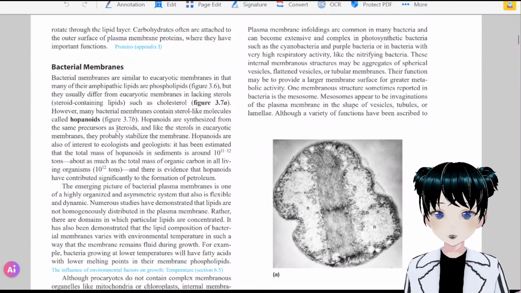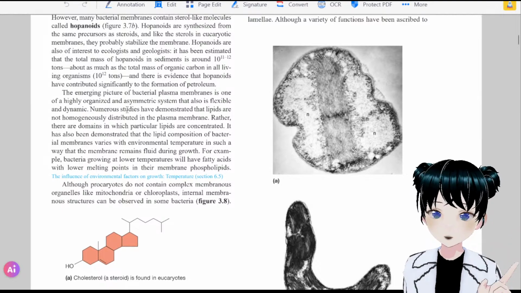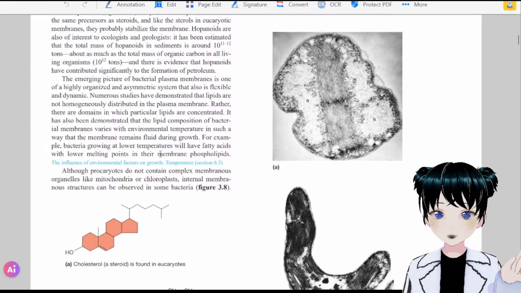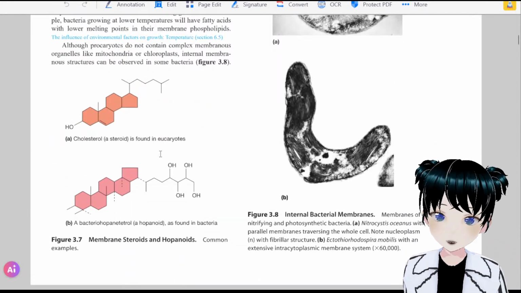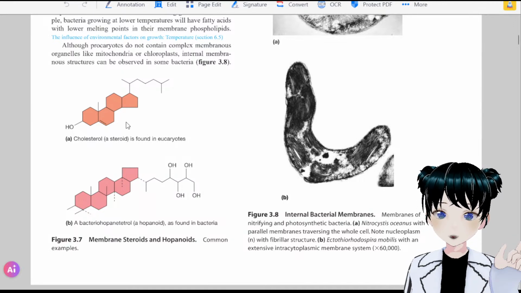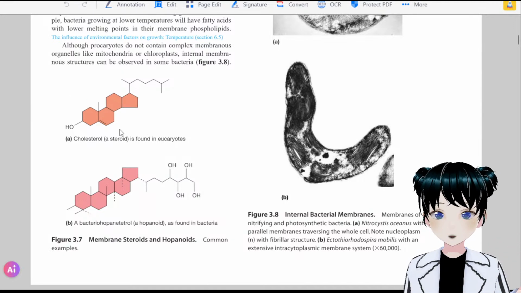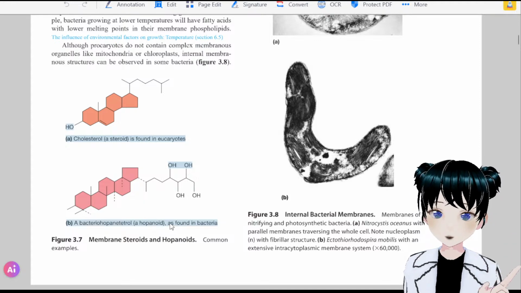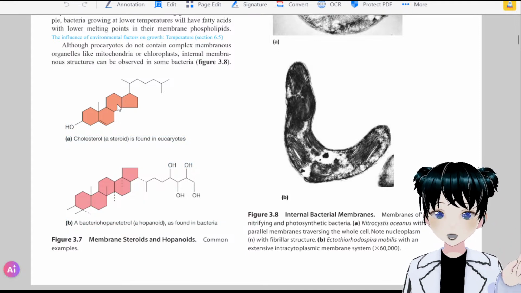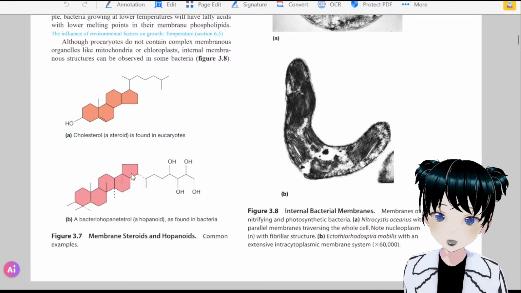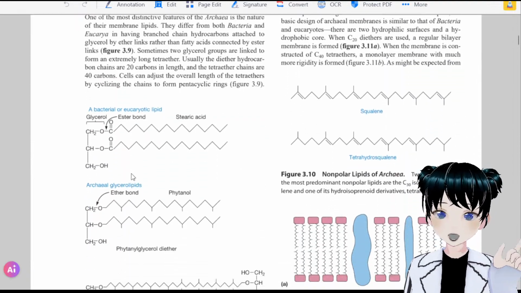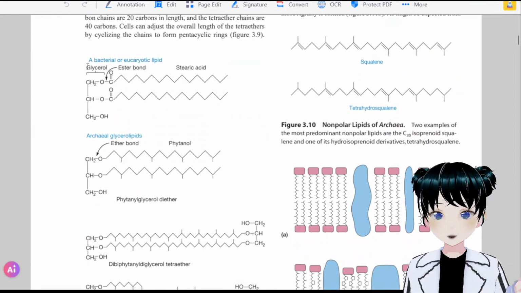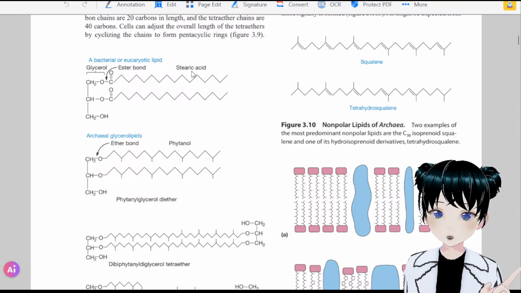Bacterial membranes and the archaeal membranes. Now they have different characteristics, right? We will study this in detail in another live, like cholesterols. Look at this. The structure already has things different because of the cholesterol there. And archaeal, look at these structures, ester bonding, stearic acid.